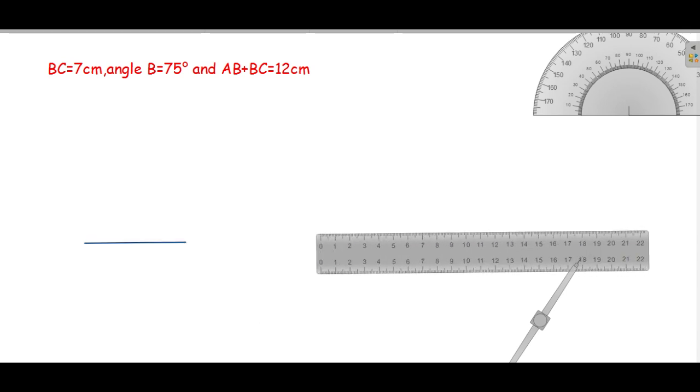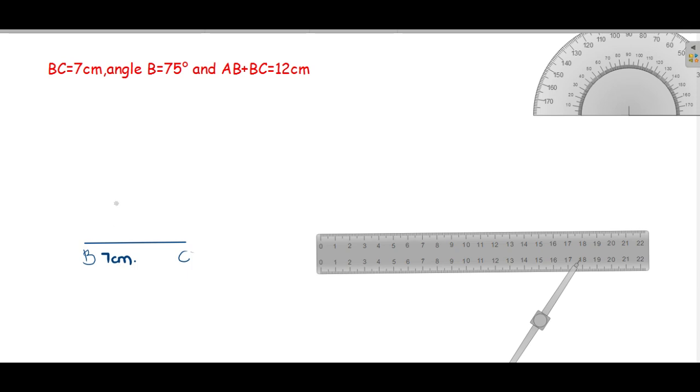Let us mark it as B and C. This is point B and this is point C. So we got the line BC whose length is 7 centimeters.